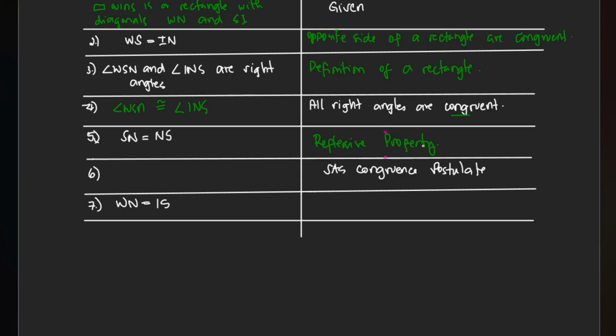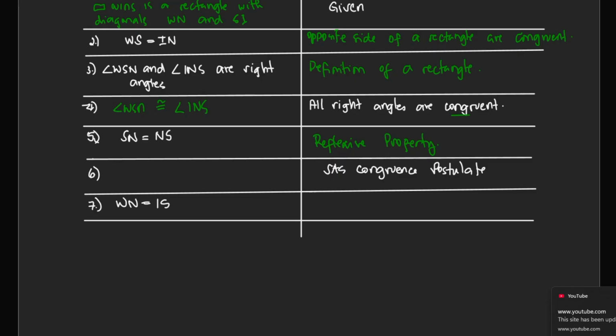How about the SAS congruent postulate? Pag sinabi natin SAS congruent postulate, what do you think about it? Ano yung nasa utak niyo when you heard SAS congruent postulate? Pag sinabi natin SAS, that is side, angle, side.